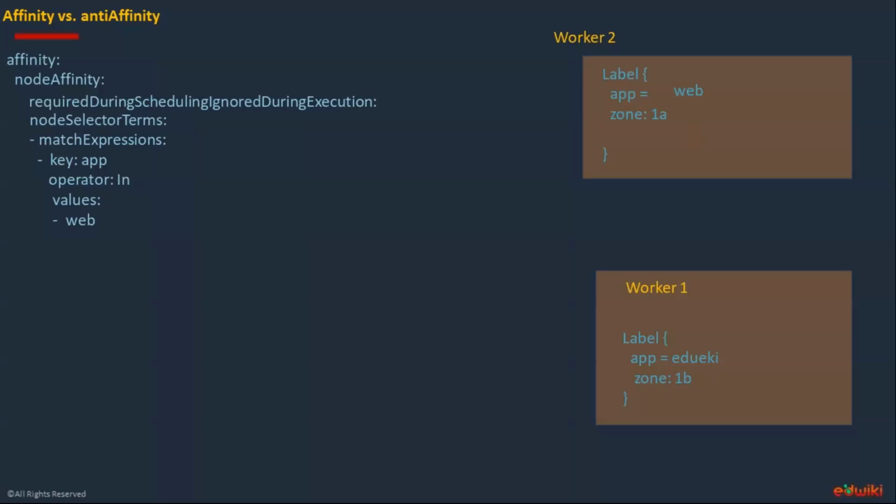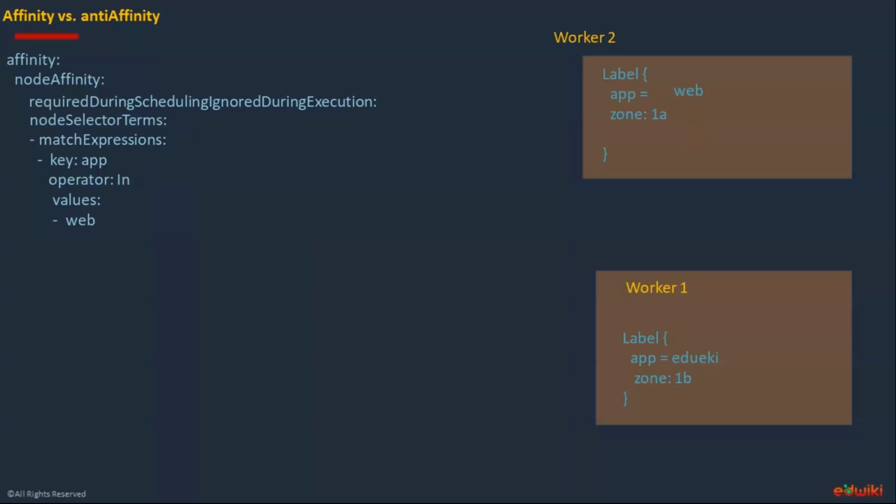Now you tell me, guys, if I use this node affinity in my deployment manifest file, what do you think? The pod will go to which worker node at this time? One or two? The constraint is given at the deployment side, and the pod will go to worker 2.